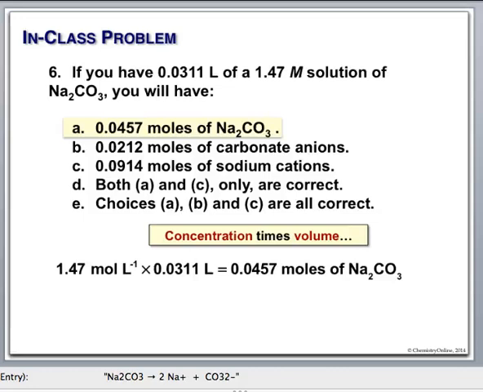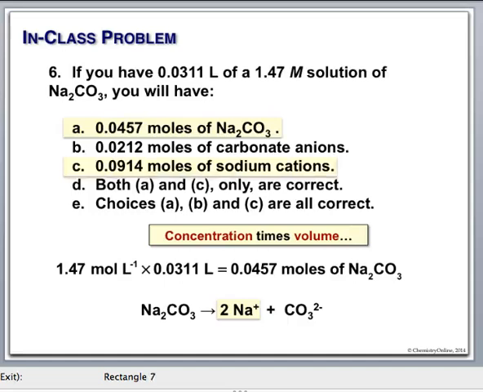All right, C. For every sodium carbonate that you dissolve, we're going to get 2 sodiums. So if sodium carbonate as a whole is 0.0457, we're going to have twice as many sodiums as we did sodium carbonates. Therefore, this is also correct.